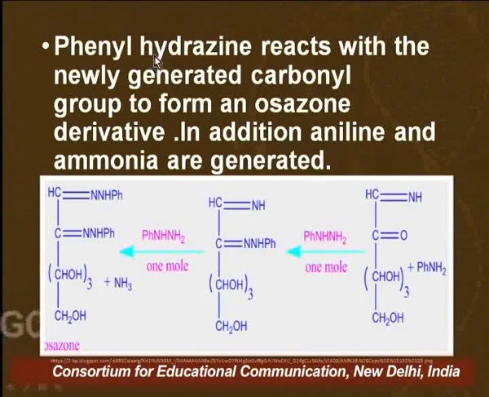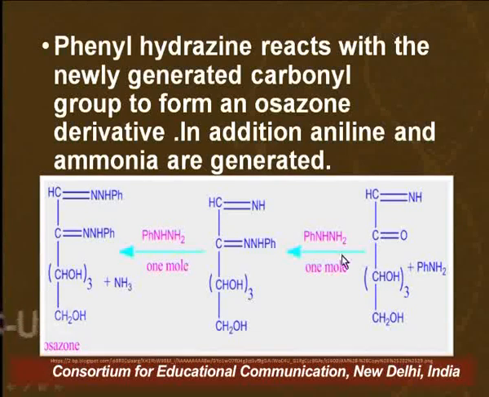Now this phenyl hydrazine reacts with the newly generated carbonyl group to form an osazone derivative, right? So what happens here now? Again, we've already generated this in the previous step, where we eliminated this aniline.